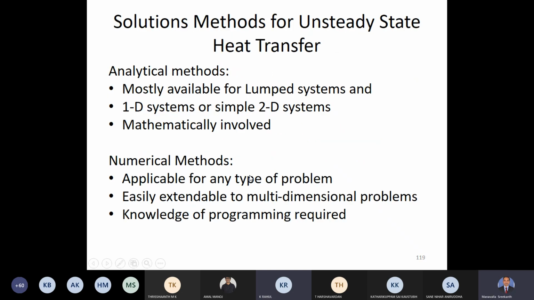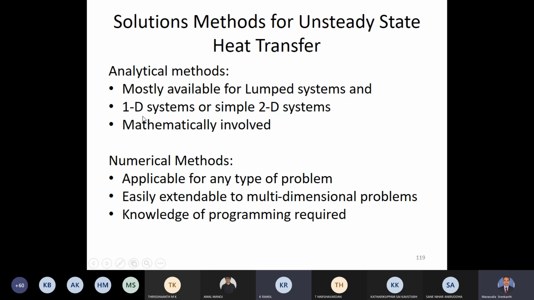Before going to the lumped system, let us see what methods of unsteady state heat transfer are available. What analytical methods are there? They are mostly available for lumped systems only. So in the lumped system that we are going to see, we will apply analytical methods because it is the simplest one. One-dimensional systems or simple 2D systems can also be solved using analytical methods. There are analytical solutions, but they are quite complex.